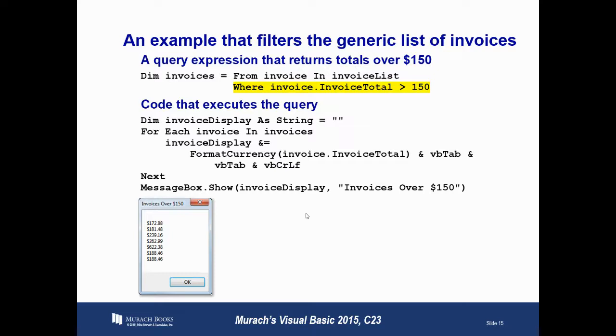Going back to our invoice example, we can query the invoice list. So we're saying from invoice in invoice list, where the invoice.invoice total is greater than 150. So this is giving us back a list of invoices where the total is over 150, and you can see the display here.